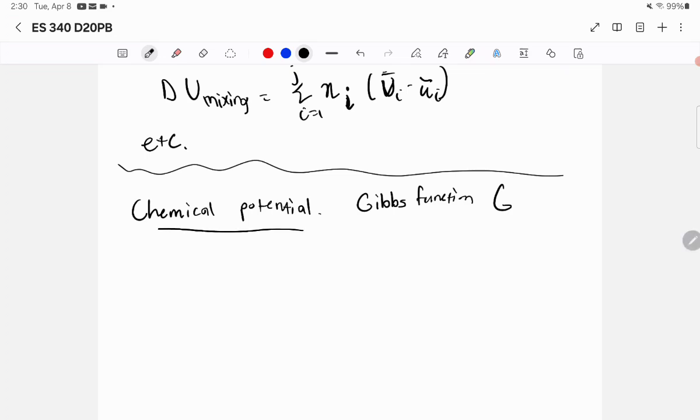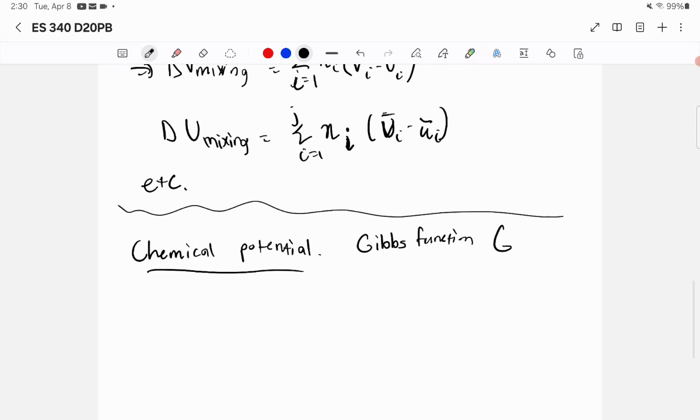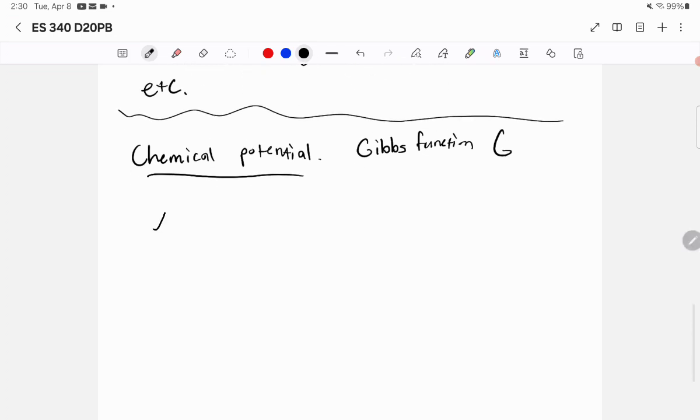So the chemical potential stems directly from the Gibbs function, relating to mixtures like this. And that chemical potential ends up being the derivative of the Gibbs function with respect to one of these components.